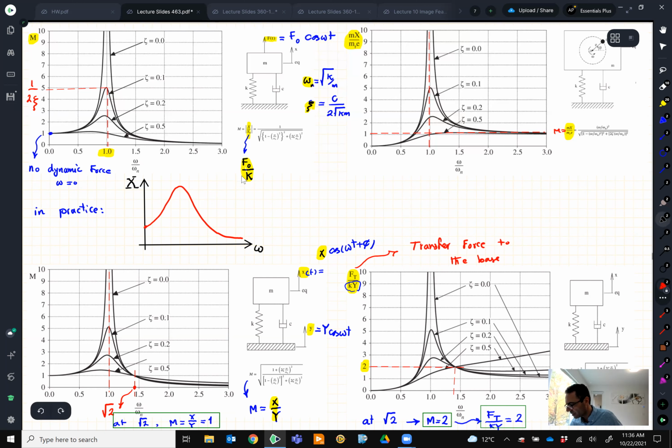So now they do tests at different points. Remember, this is the speed. Let's say they have a rotating unbalance, they are applying a load, something. They change this omega, and when there is nothing, they are at 0. They should get x0, which is simply f0 divided by k. Right?